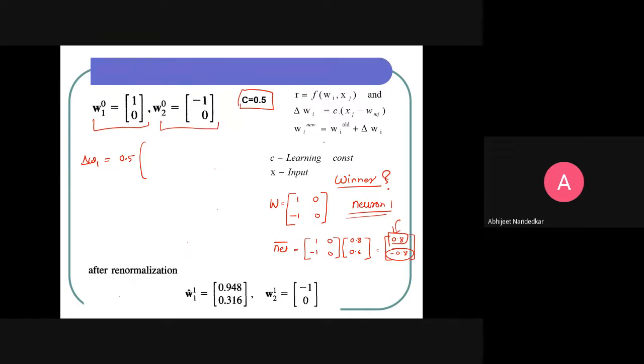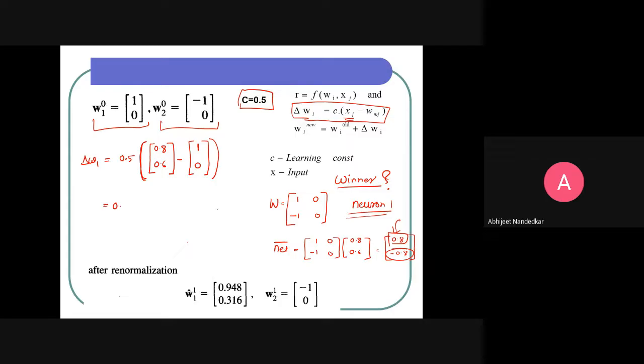So you can go directly with x1, which is 0.8, 0.6, minus w, which is 1 and 0. I am doing the changes at a time, using vector form, or you can use the formula to change individual weights. I am doing it in one step, so you can follow this method.